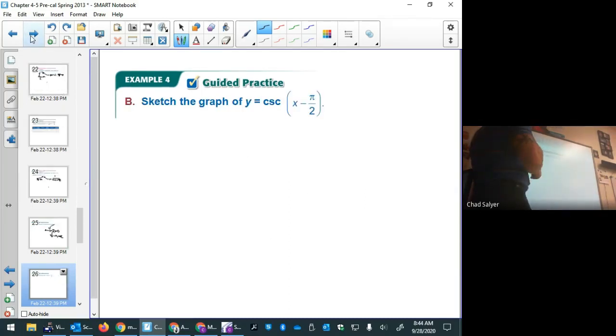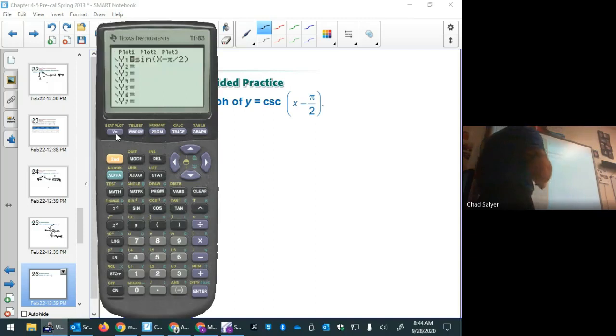All right, now let's graph it. And again, we'll use the handy dandy calculator to help us here. So 1 divided by the sine of x minus pi over 2. I want to go from negative 2 pi to 2 pi, so that's where I'm at.